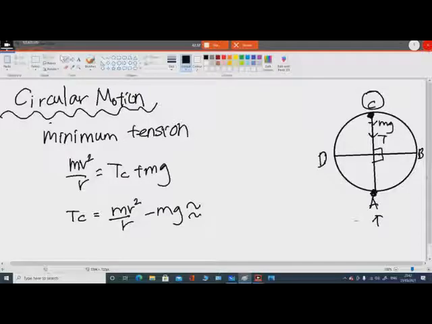Wait, I think not approximately, should be totally 0, since at point C there is no more force acting upward. So our weight and our tension are always pointing downwards. So Tc is actually equal to 0, since mv squared over r minus mg is equal to 0 here.